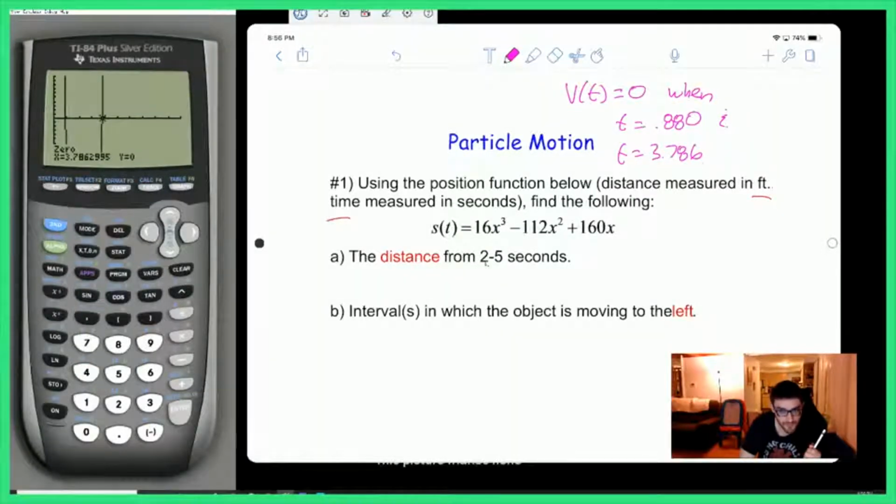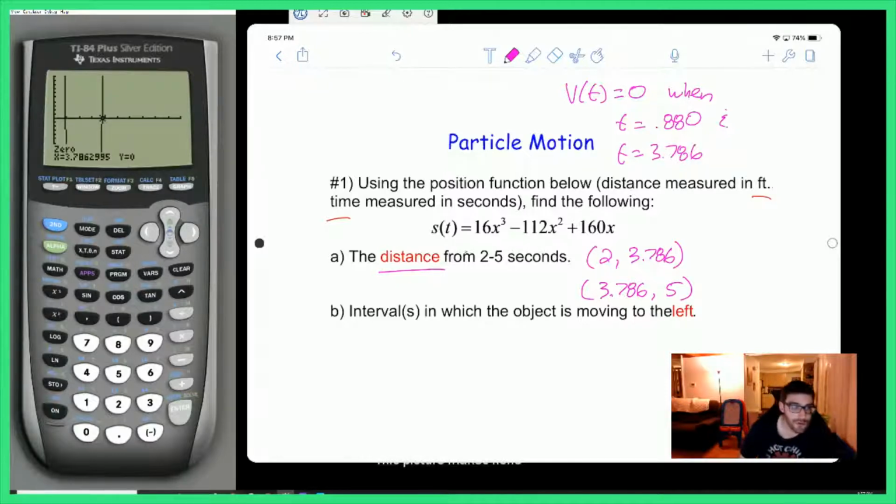So from 2 to 3.786, the particle is going the same direction. I really need to figure out how much distance was accumulated in the interval of 2 to 3.786, and I also need to figure out how much distance was accumulated from 3.786 all the way to the end of my interval, which is 5.